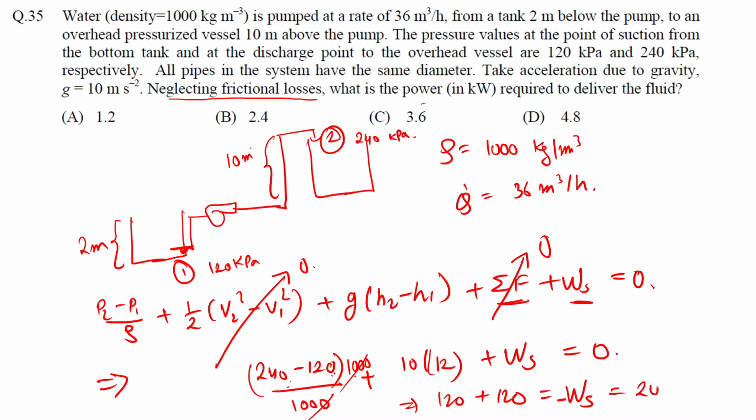So this will be equal to 240. The units will be pascal upon kg per meter cube, so the units of this work will be joule per kg. So the work required by the pump to shift the water to the height of 12 meter from the suction point will be 240 joule per kg.